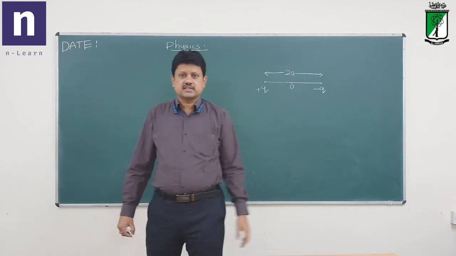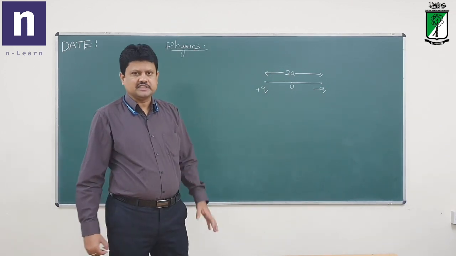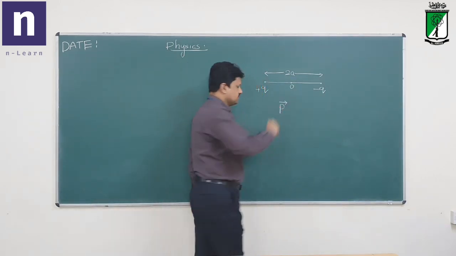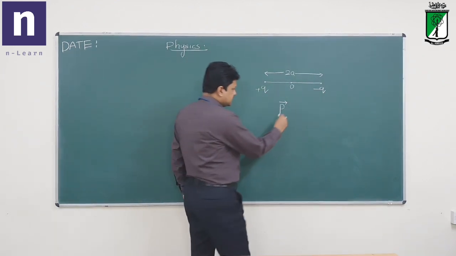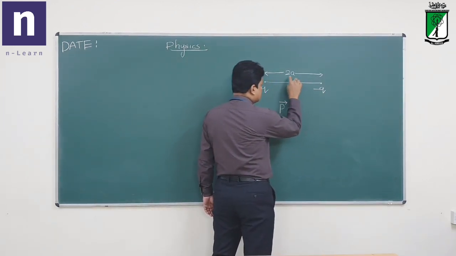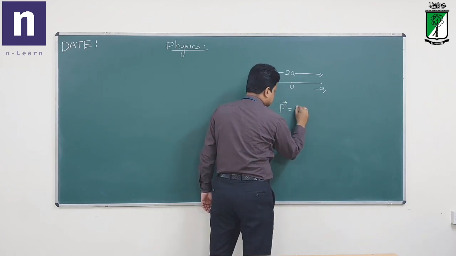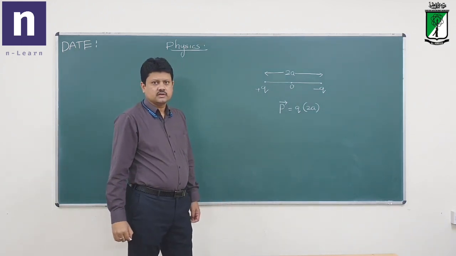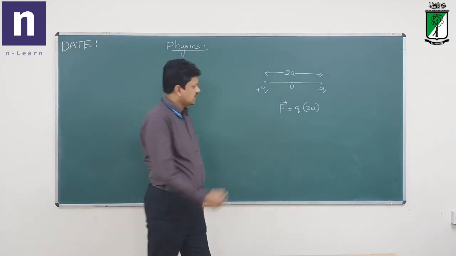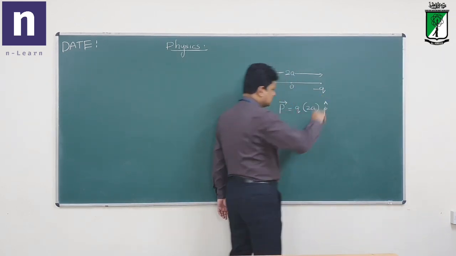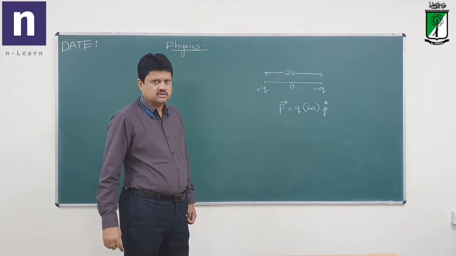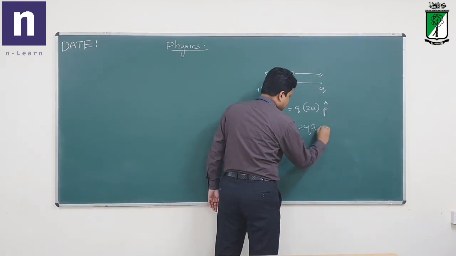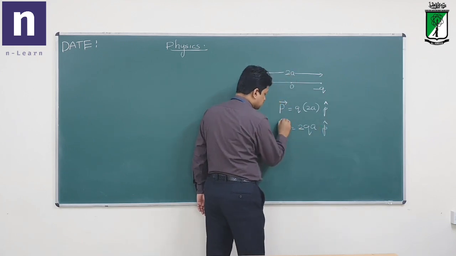Then a dipole has a characteristic called dipole moment. The dipole moment of a dipole is denoted by vector p, and it is in magnitude equal to the magnitude of one of the charges times the distance between them, and of course a unit vector p cap which denotes the direction. So I can say this is equal to 2qa times p cap.